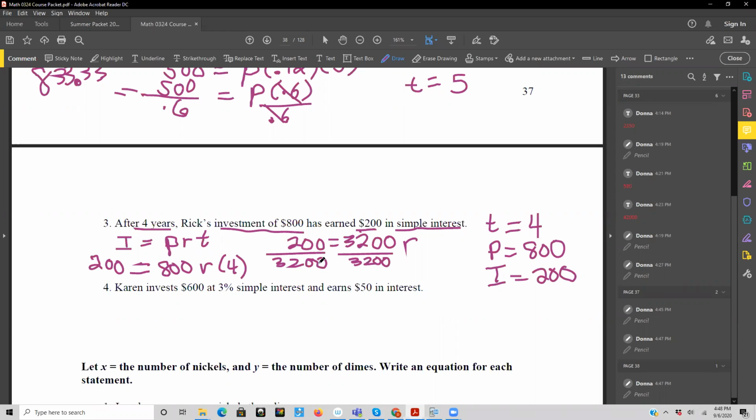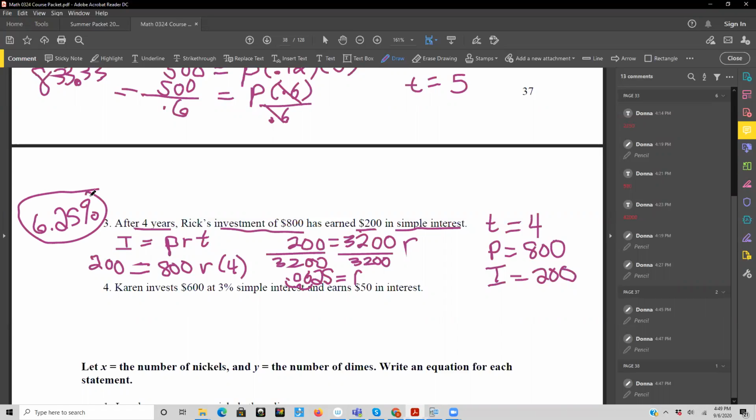I get an interest rate of 0.0625. Remember that this is a decimal. So to get the actual interest rate, I'm going to move the decimal place over 2, or simply multiply by 100. So you get 6.25% interest. Is that a reasonable interest rate? Yeah, I wish you'd get that today, but it's a normal number. It's not 65% or something like that.